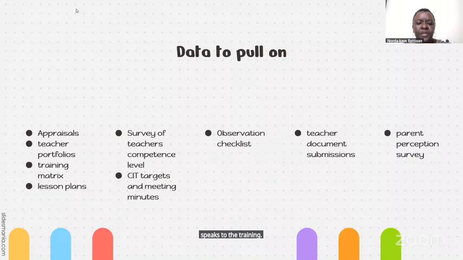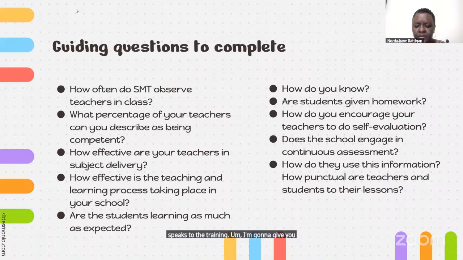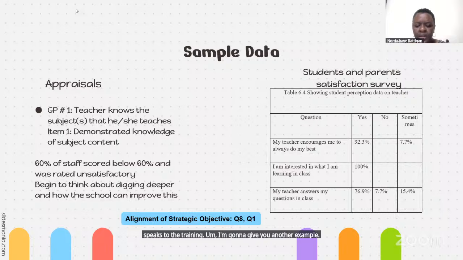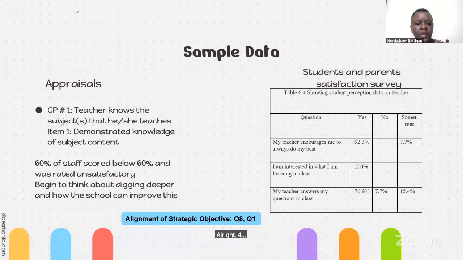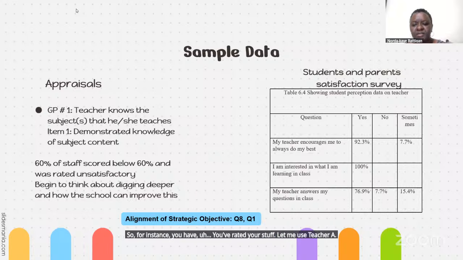I'm going to give you another example, going back to GP1. So for instance, you've rated your staff. Let me use teacher A. You went to see teacher A for a lesson.